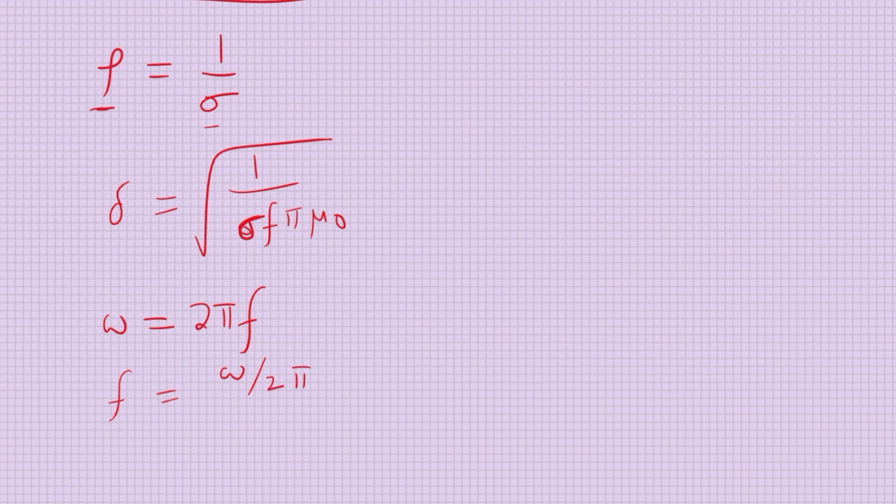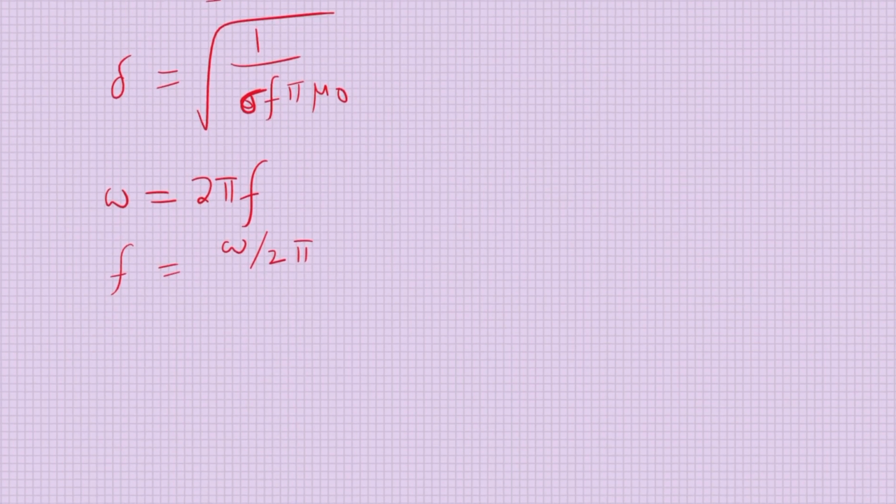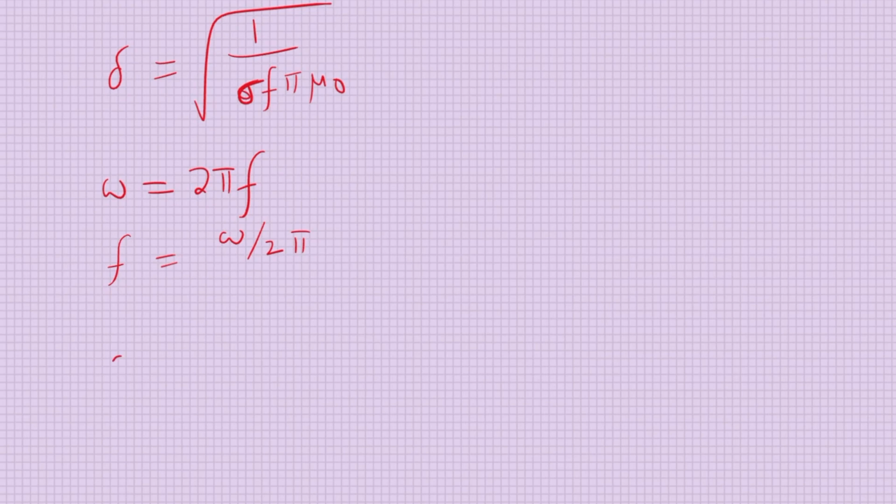This is the frequency relation, and I will substitute it in this equation to get a different version of the delta. So delta becomes 1 by sigma, and in place of f I will substitute omega by 2 pi, and then multiply with pi and mu naught.